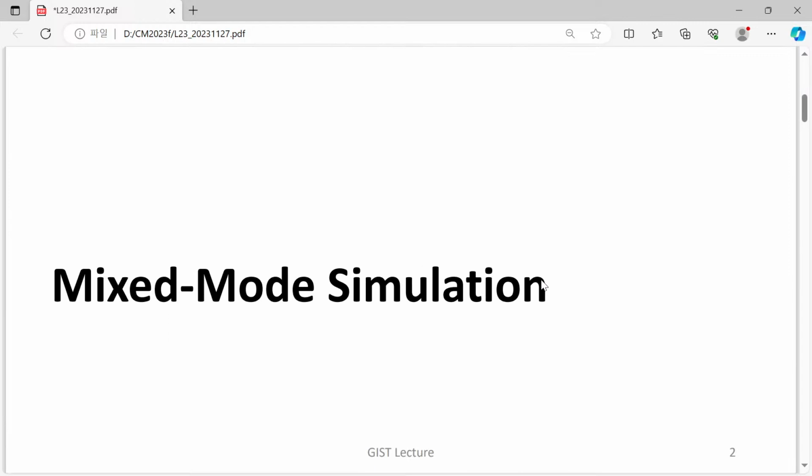Before starting the discussion about transient simulation, in the last lecture we thought about how we can consider the time derivative term. If we have a time derivative term, it can be obtained with, for example, the backward Euler method.